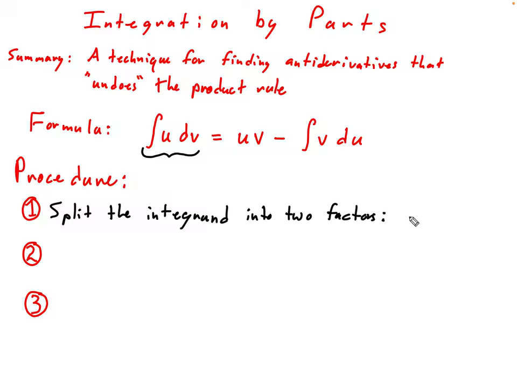One of them we call u, and whatever's left in the integrand we call dv. Second step is to find the derivative of u and the antiderivative of dv. So we find du by taking the derivative of u, and we find v by integrating dv. Once we've done that, we apply this integration by parts formula.